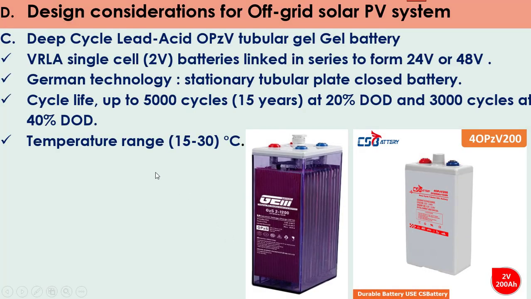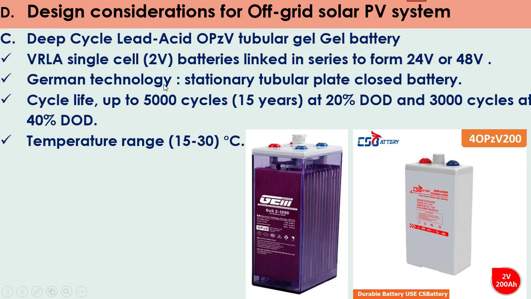The other type of batteries that can be used with an off-grid solar photovoltaic system is the deep cycle lead acid OPZV tubular gel battery. This also represents a valve-regulated lead acid battery single cell, which has, as we see in this figure, a cell voltage of 2 volts, with batteries linked in series to form either 24 or 48 volts.